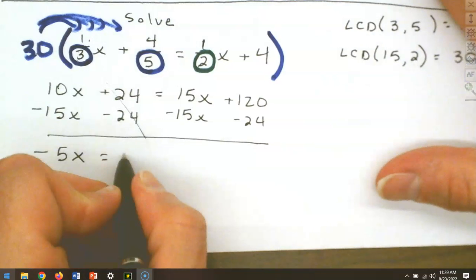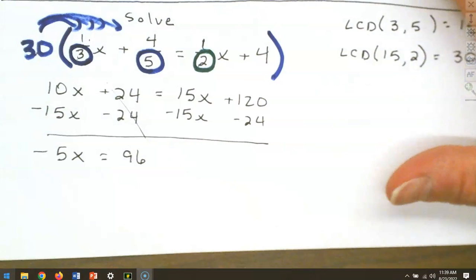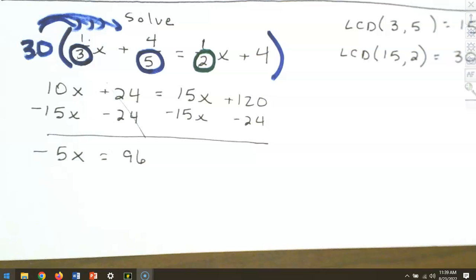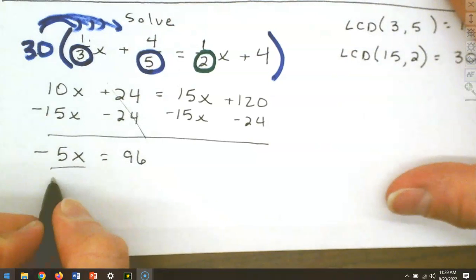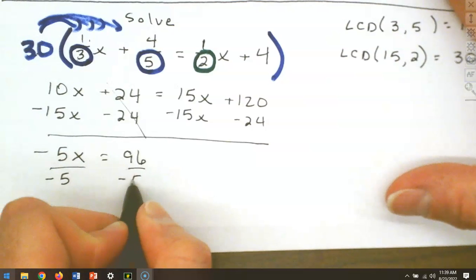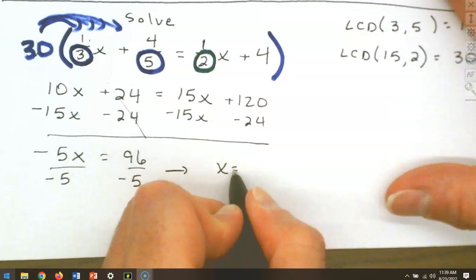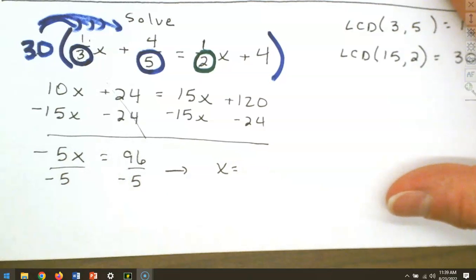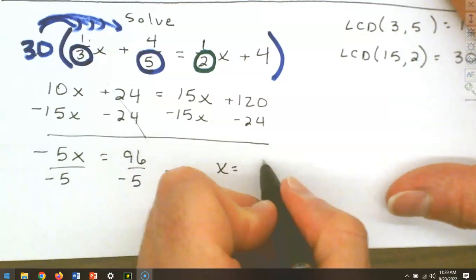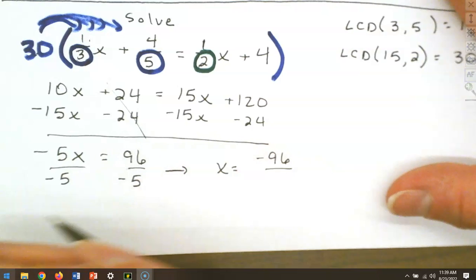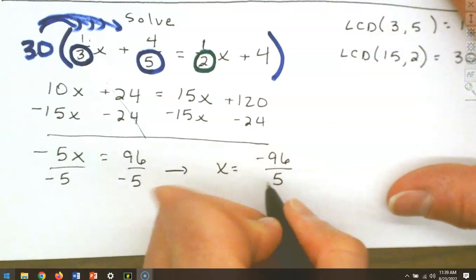So that's going to come out to be a positive 96. How do we finish it? Yep, divide by a negative 5. And we can now rewrite this. And so now we've got x equaling. I'm going to bring that negative up to the top. So x equals now a negative 96 over 5.